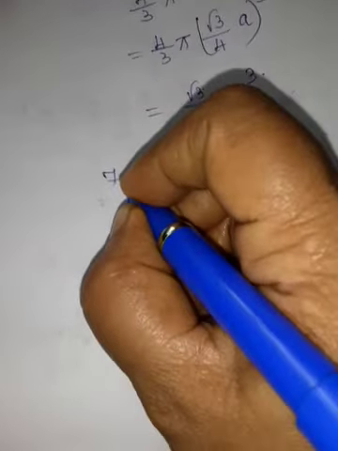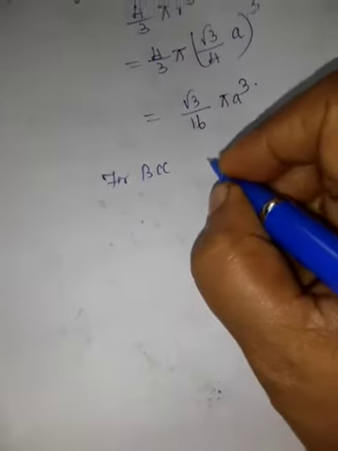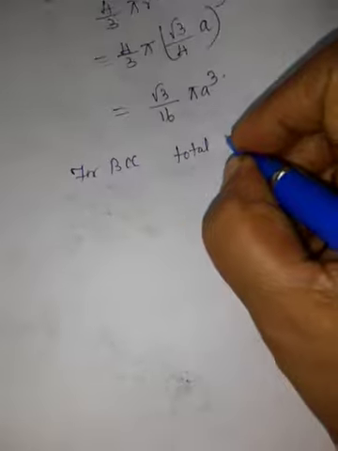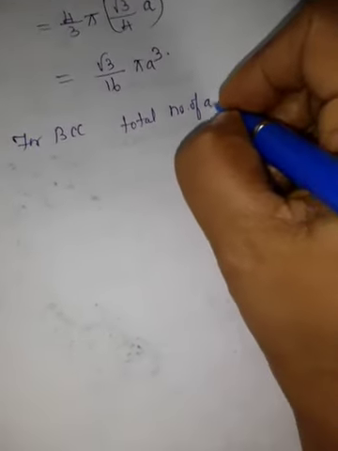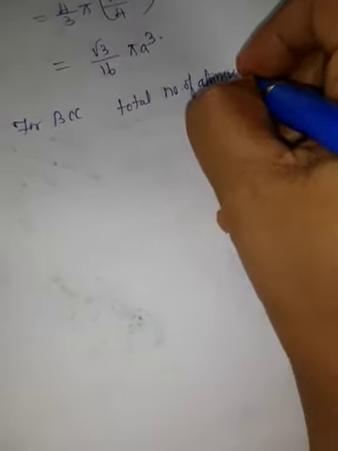So for BCC, the total number of atoms is 2. Already we have seen the total number of atoms is 2.